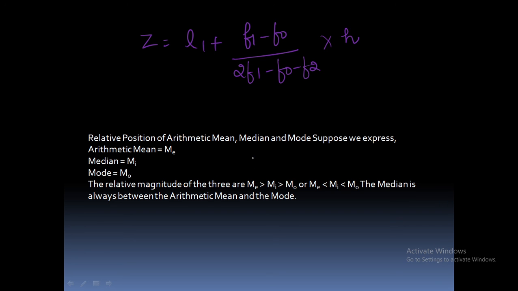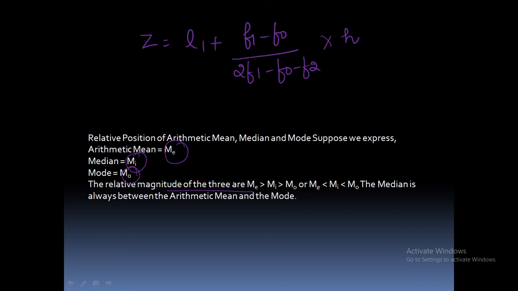Relative position of arithmetic mean, median and mode. Suppose we express arithmetic mean as M, median as Md, and mode as M0. The relative magnitudes of the three: arithmetic mean is greater than median, median is greater than mode.